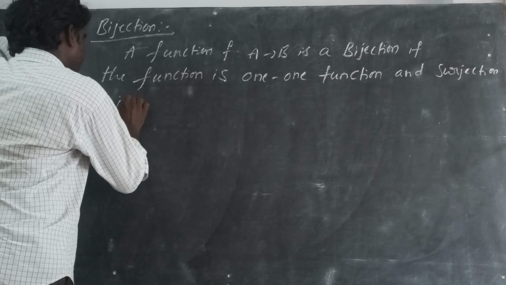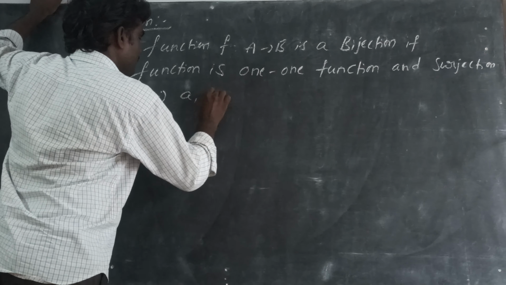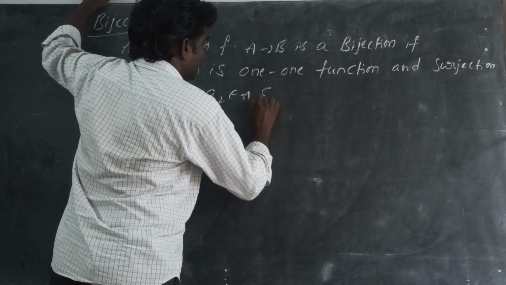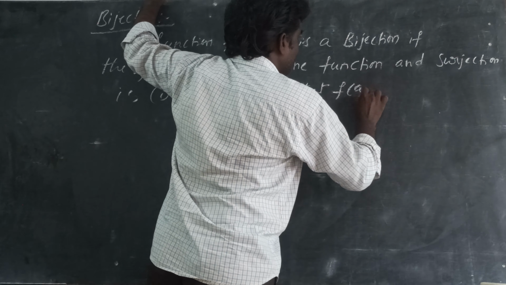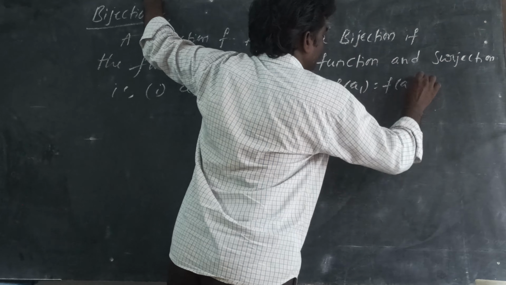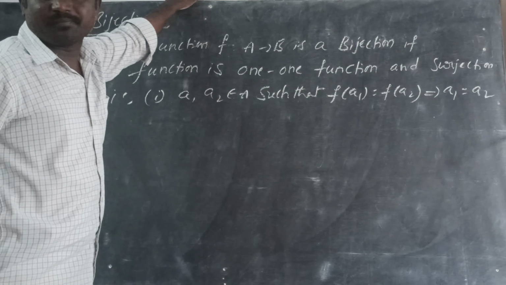So that is the first one: a1, a2 belong to A such that f of a1 is equal to f of a2, then a1 is equal to a2. It is an injection function.